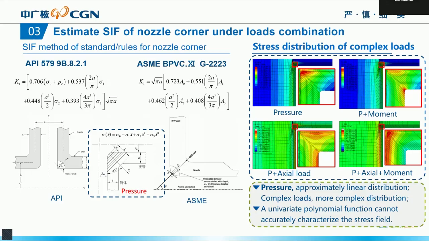You can see that under pressure, the stress is approximately linearly distributed. But for the complex loads, the distributions are more complex, and a univariate polynomial function cannot accurately characterize the stress field.